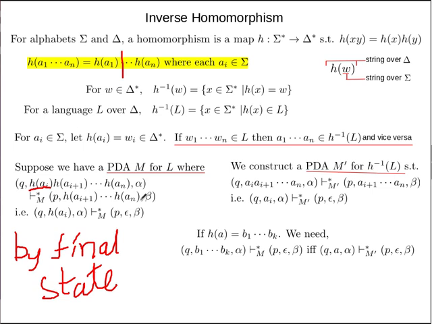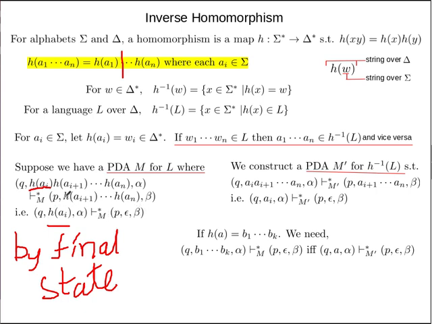So this is the sort of argument we gave before. This means that if we start from q and just process h of ai, forget about the remaining part here, with this stack alpha, then we will reach this ID where the state is p, and this part is entirely consumed, so this has become epsilon, and the stack becomes beta.